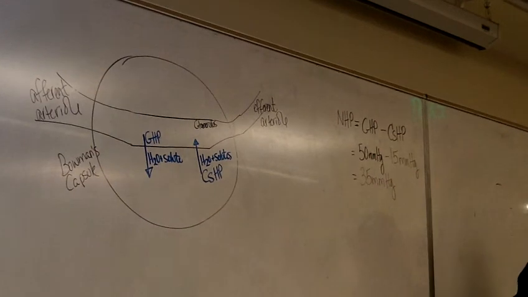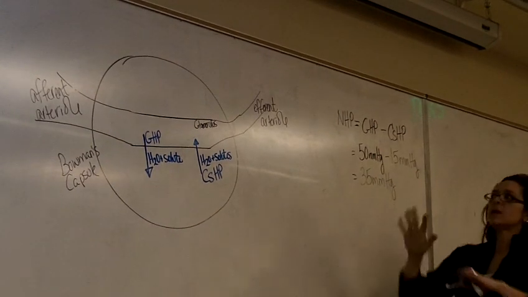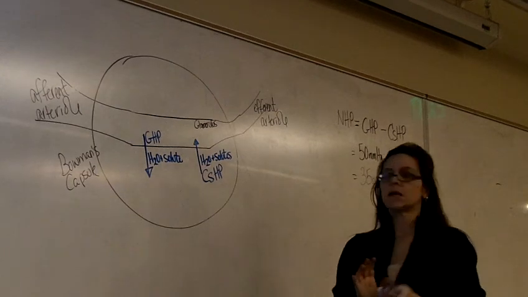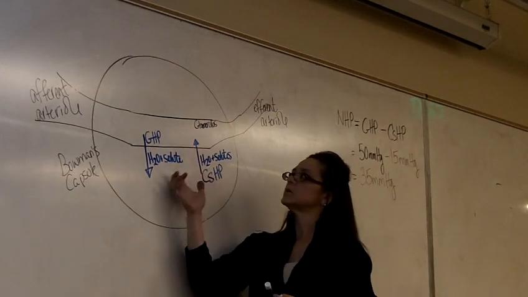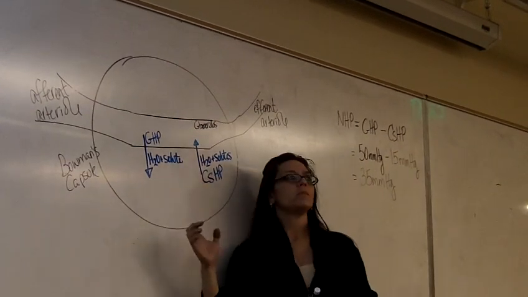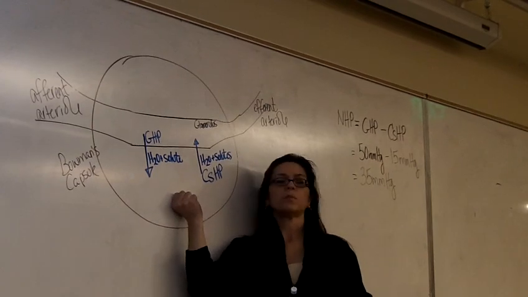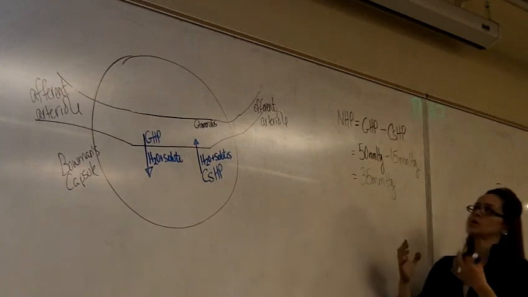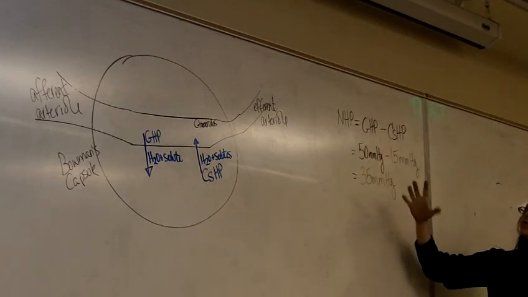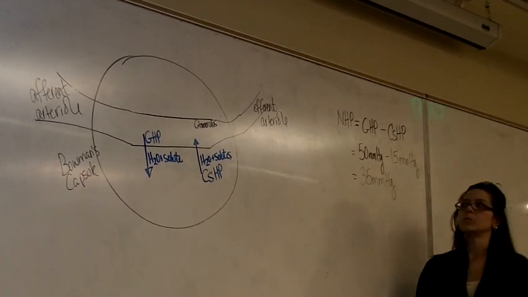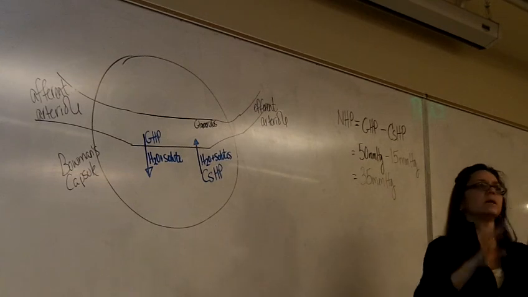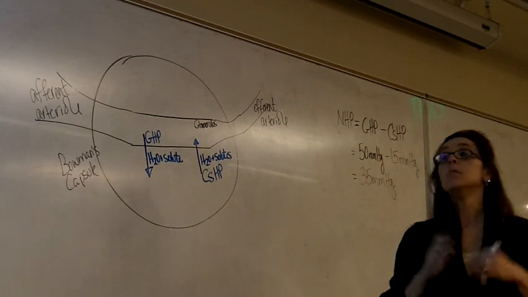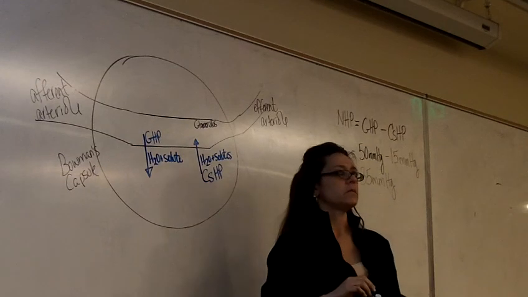So what that number is telling you is the net effect of these hydrostatic pressures is for water and solutes to come out of the glomerulus and into this space and form a filtrate. It's not a huge pressure. It's only a total of 35 millimeters of mercury that's essentially forcing this water and solutes out. But it's enough to form a filtrate, right?